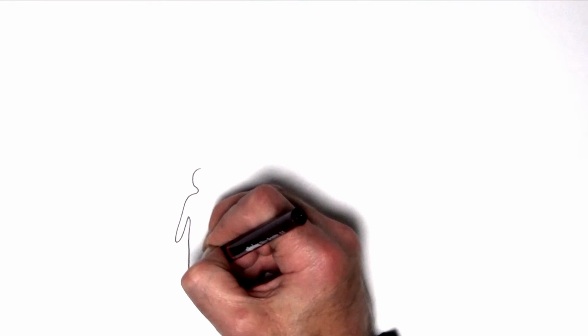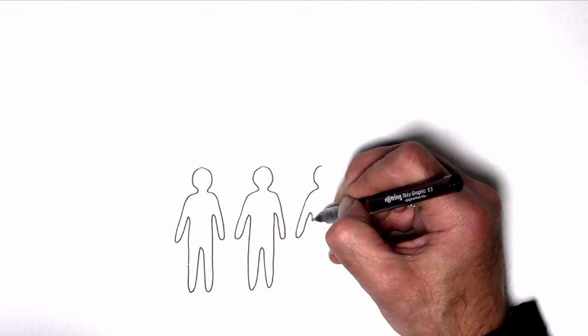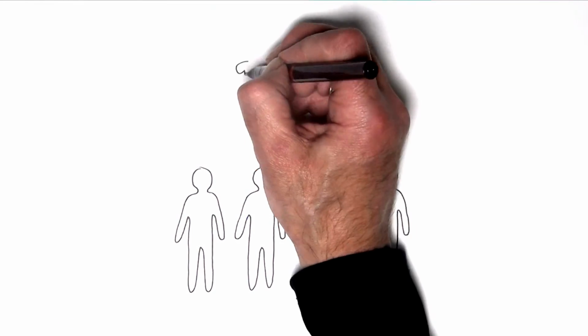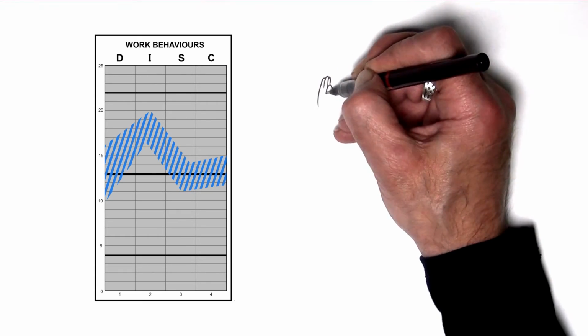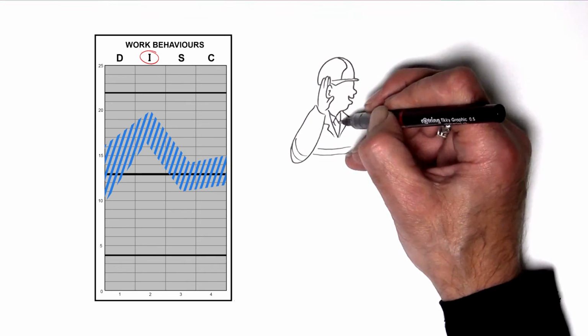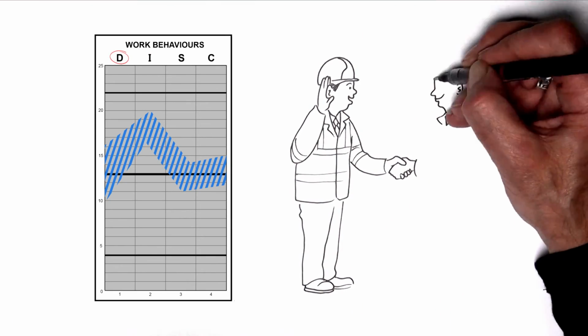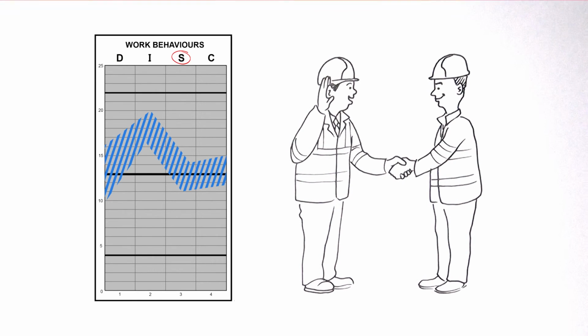So the BVA as a process within the coaching program allows us to do lots of things, but one of the critical things we use it for is identifying great coaches. A great coach typically has a high I, they're a people person, a slightly lower D, so they're accommodating and they're great listeners, a close to the centerline S, so they can work fast-paced, alert, active, restless, but also consistent and steady with the same people.